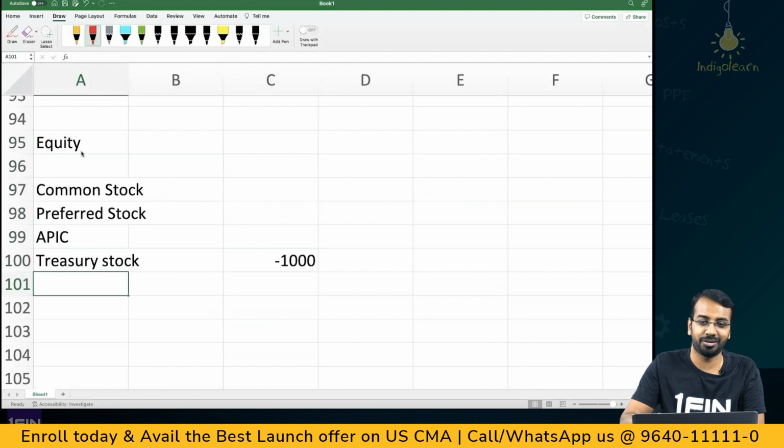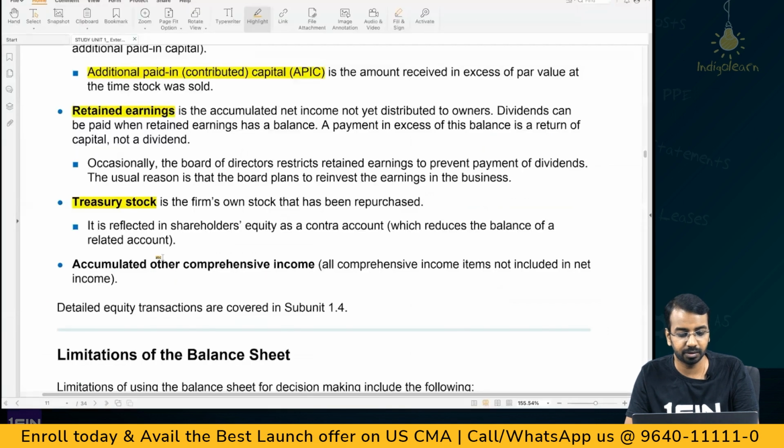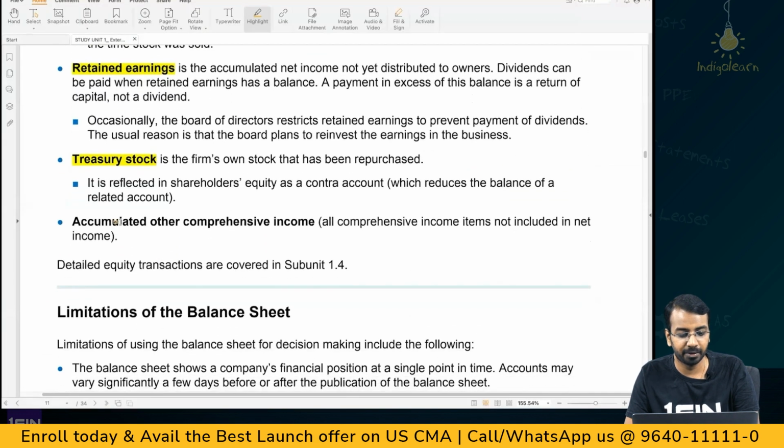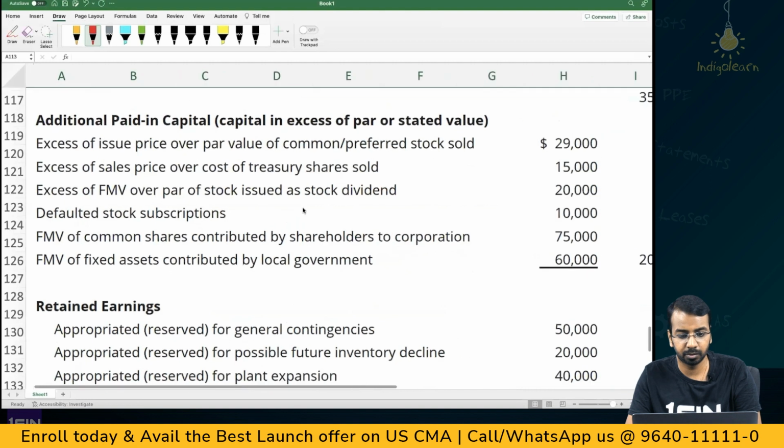Because we have bought back. You will not show it as an investment. You will show it as a negative stock. Then accumulated other comprehensive income. I have been discussing this, that some items which are not shown in P&L are shown in other comprehensive income. It will be presented separately in the balance sheet.